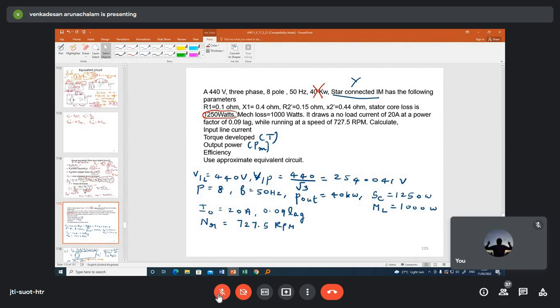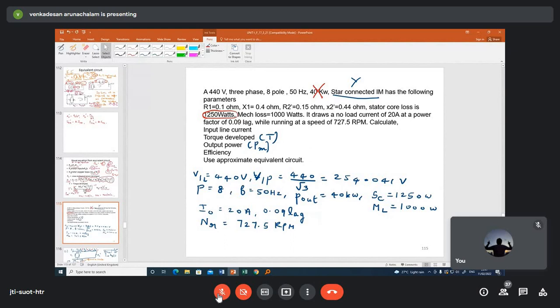I have mentioned the notation PM, because if I simply say output power you will be confused whether it is final output or rotor output. It is the rotor output, PM.